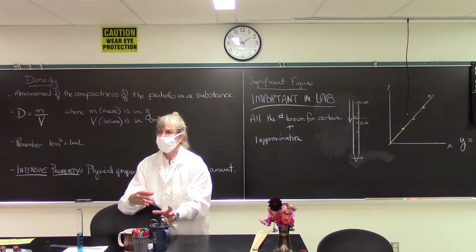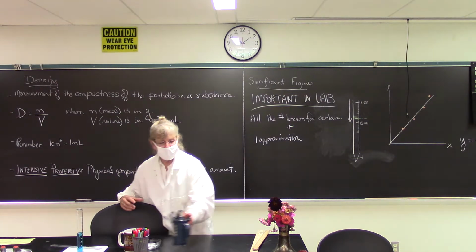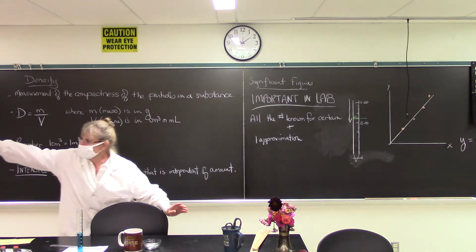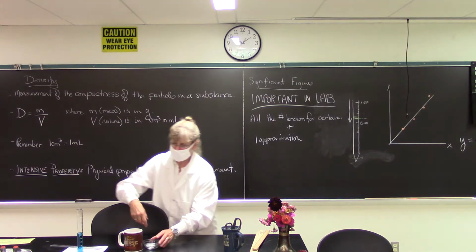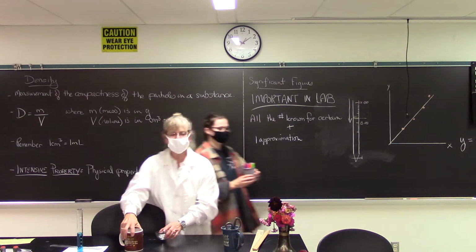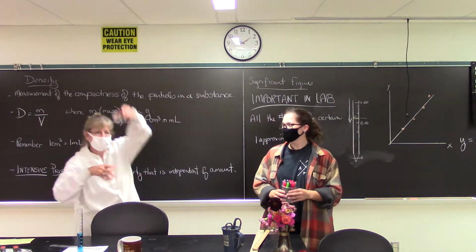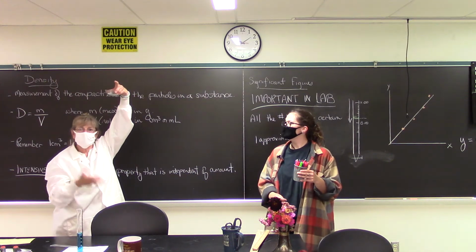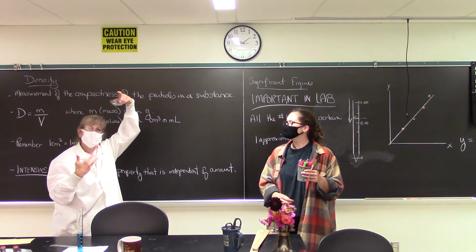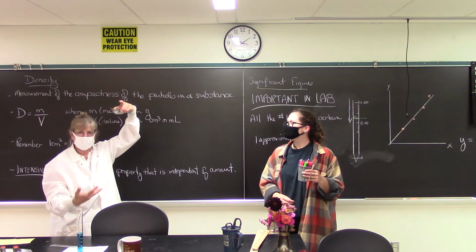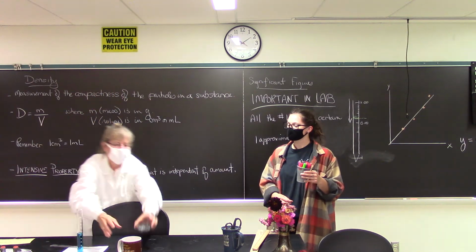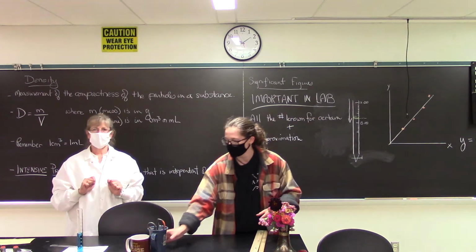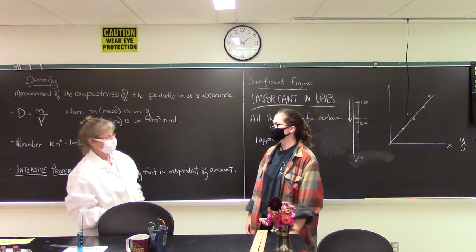But now, you can come help me for this, I'm going to make the same particles take up a much different amount of space, a much larger volume. My density has decreased significantly. Less dense. More dense, okay? Thank you.